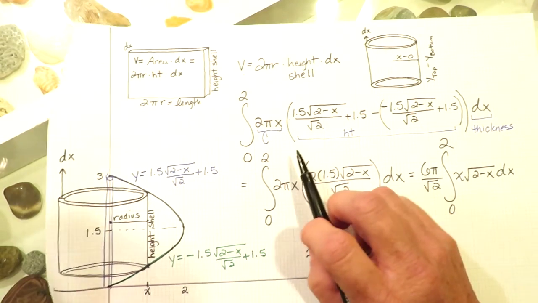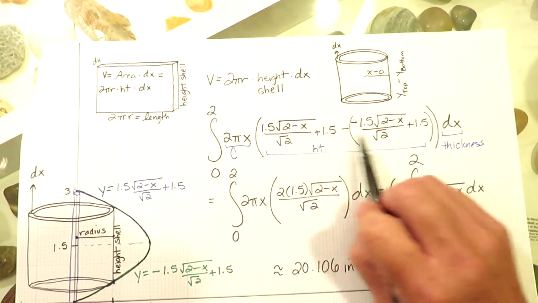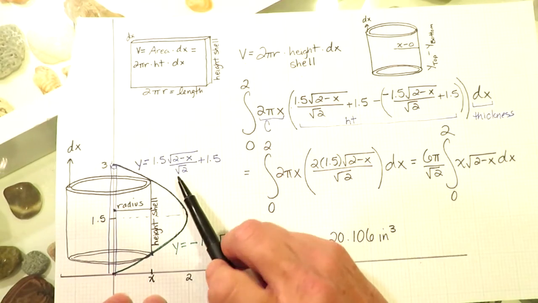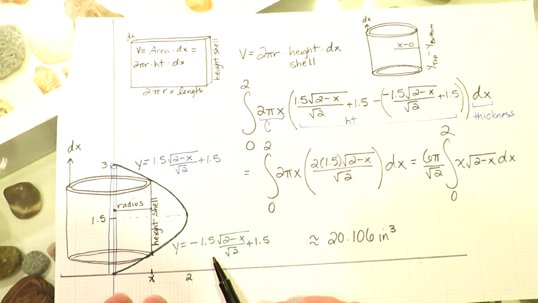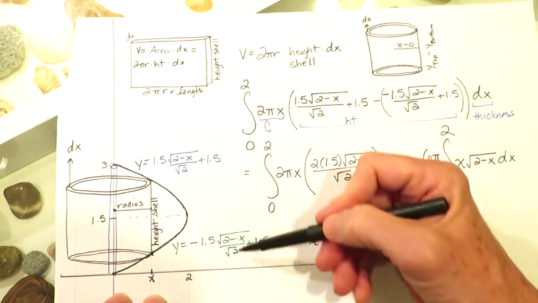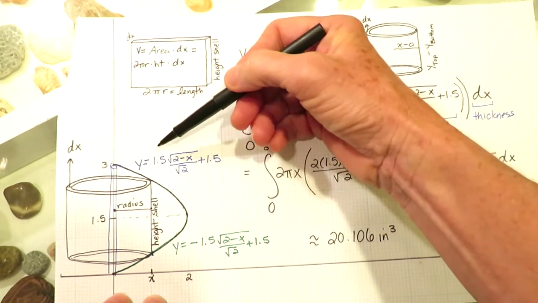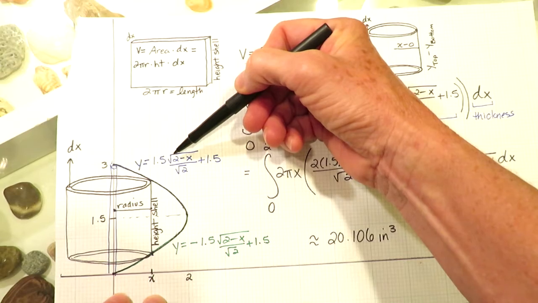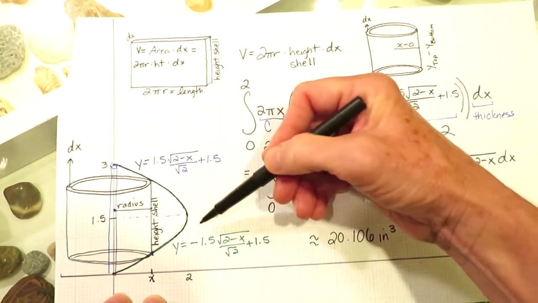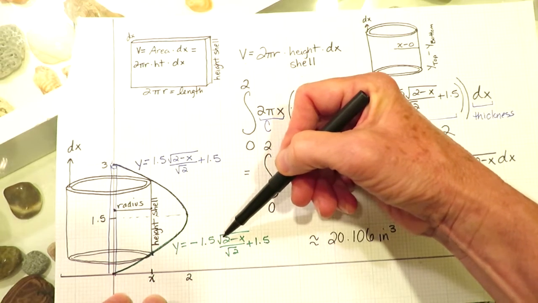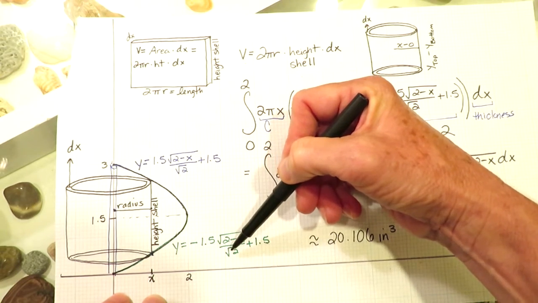So I want to write down the difference between the two functions. This is the function that's forming the upper part of the shape, and this is the function that's forming the lower part of the shape. Notice they're basically the same function, except I have positive 1.5 times the square root of 2 minus x over the square root of 2 for the upper, and for the lower function I have negative 1.5 times the square root of 2 minus x over the square root of 2.